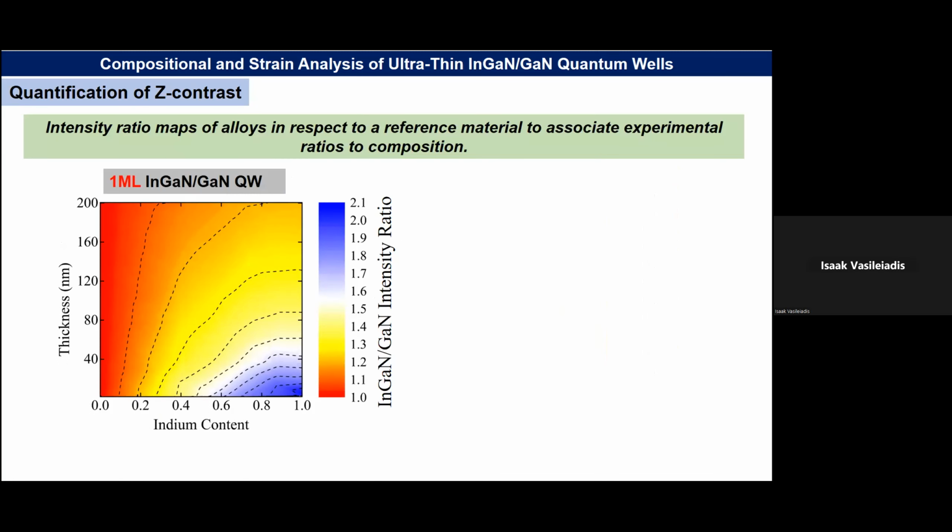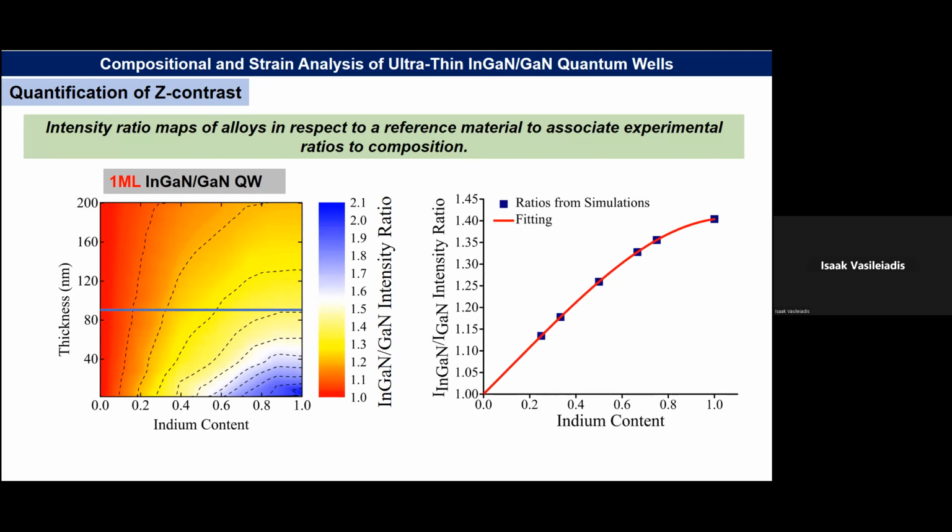And how is it possible? Let's see how you can do this work. First of all, in the first step, we find the thickness of our region, which is the blue line, and then for this blue line we can find the expected behavior of such wells by changing the indium content.